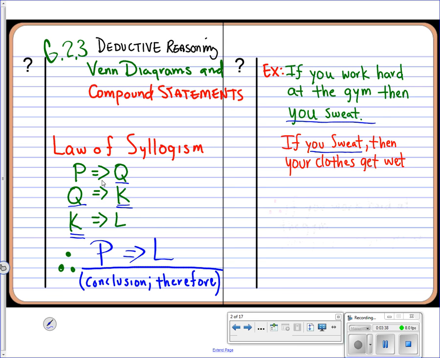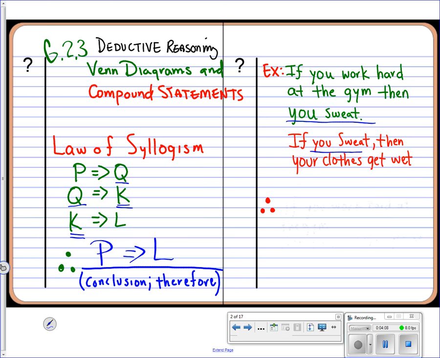And then I could come to a conclusion. Now, these 3 little balls represent the word therefore, or my conclusion. I'm already using the word conclusion when I'm talking about a conditional statement. I have hypothesis and conclusion. So as we talk about this, this really just will be the word therefore, what I finally conclude.